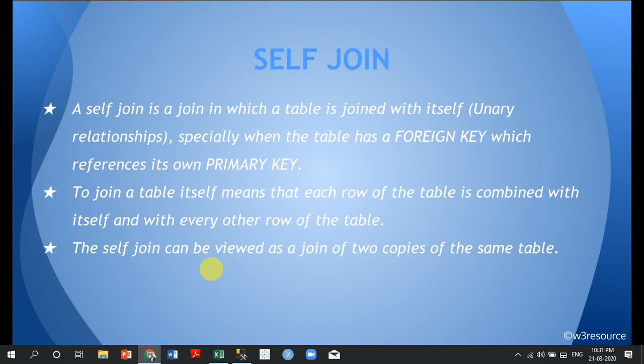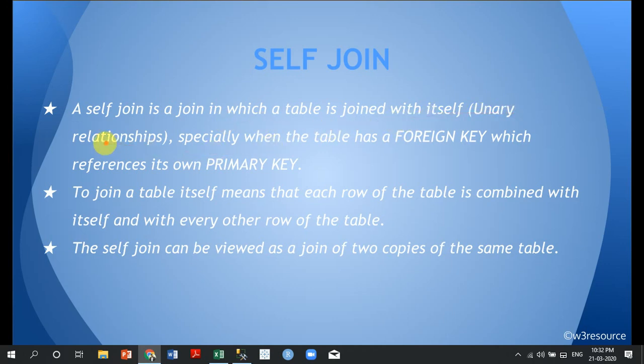Now talking about self join. What does self join refer to? Self join means when the table gets joined with itself, right? A self join is a join in which a table is joined with itself.